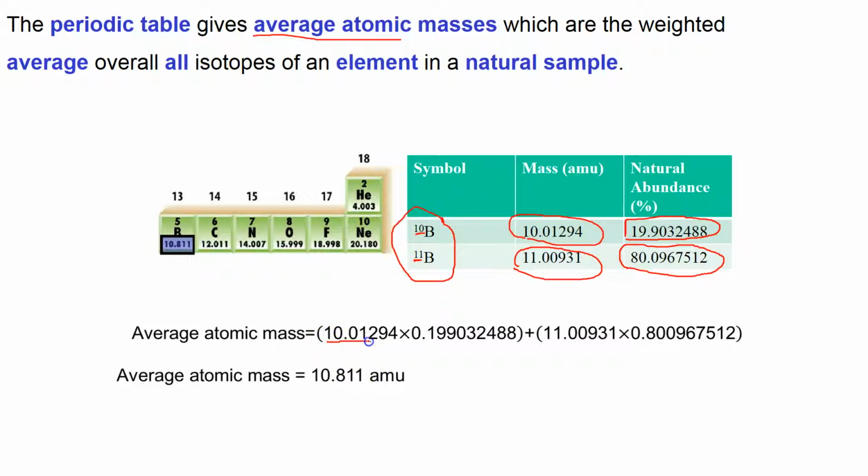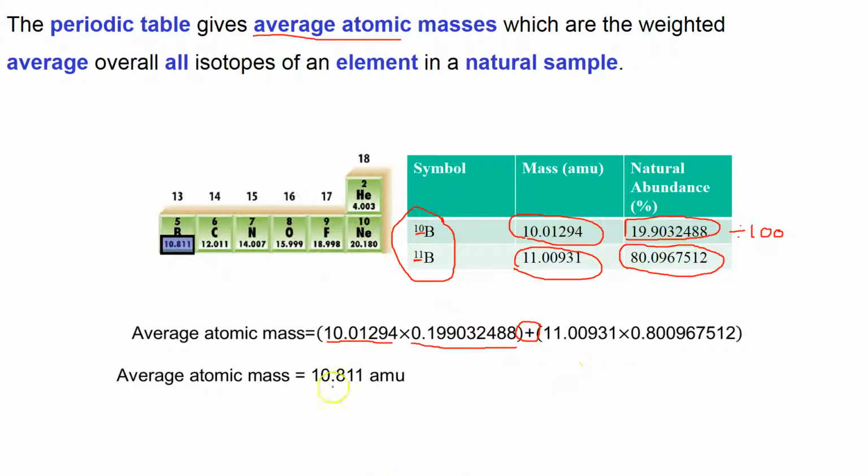To compute the average atomic mass, taking into account the relative proportions, we take the mass of an isotope and multiply it by the fraction of that isotope, which is simply the percentage divided by 100. We do that for every isotope, and then we add those numbers together. So it is the mass times the fraction for every isotope, added together.